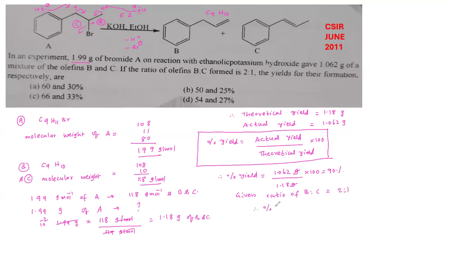Therefore, percentage of B is equal to 2 by 3 of 90, so total is 3. That is equal to 60%. And the percentage of C is equal to 1 by 3 of 90%, which is equal to 30%. Therefore, percentage of B is equal to 60% and the percentage of C is equal to 30%.